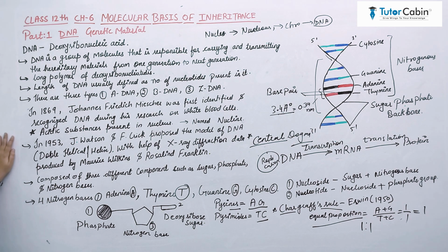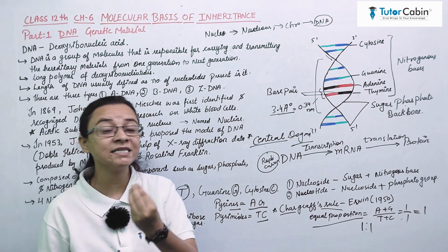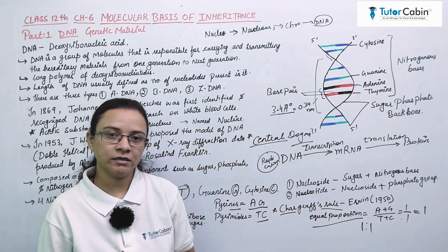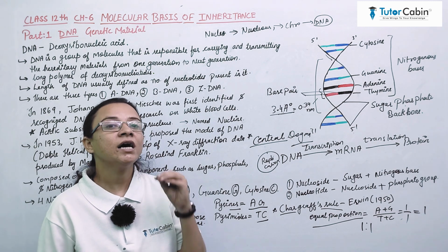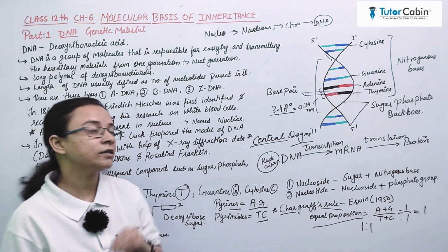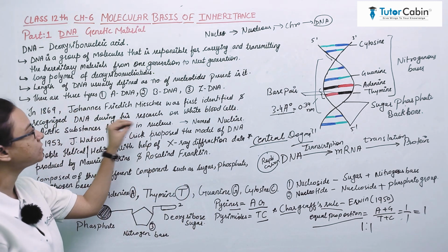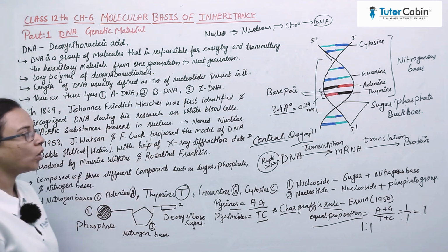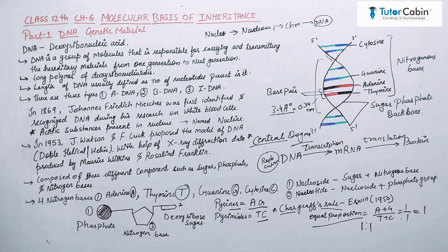It was named nuclein because it was recognized as an acidic substance present in the nucleus, which is called DNA. He recognized it during his research work on WBC.